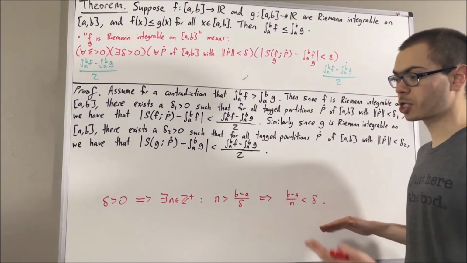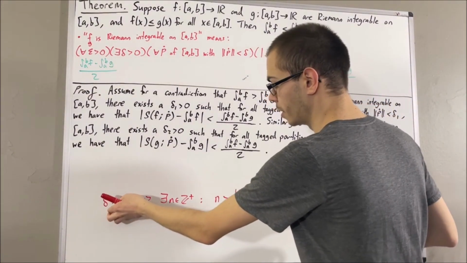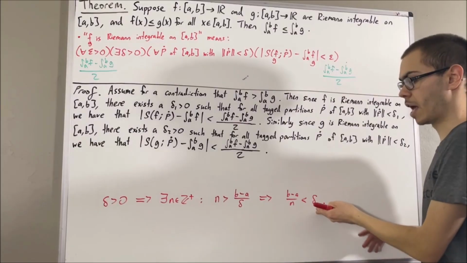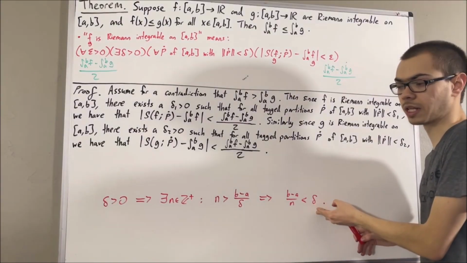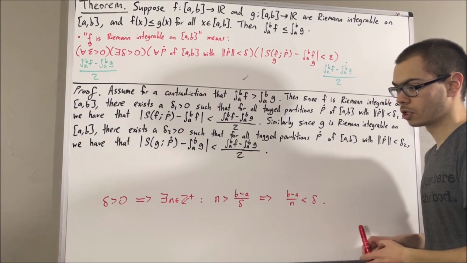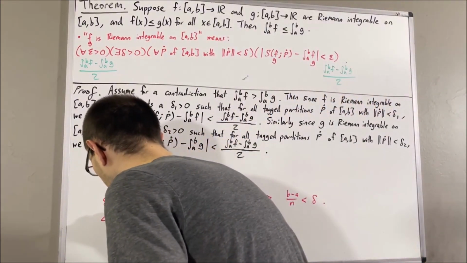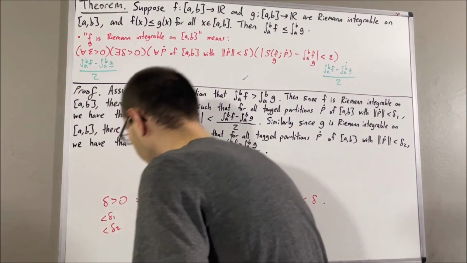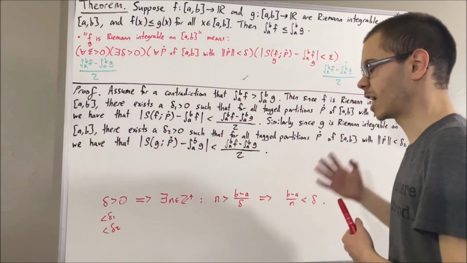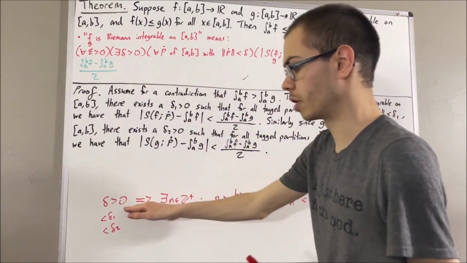So yeah, this shows, given any positive real number delta, we can always find a partition of [a, b] whose norm is less than delta. So in particular, if this positive real number is less than both delta 1 and delta 2, then we can find a partition of [a, b] whose norm is less than both delta 1 and delta 2.